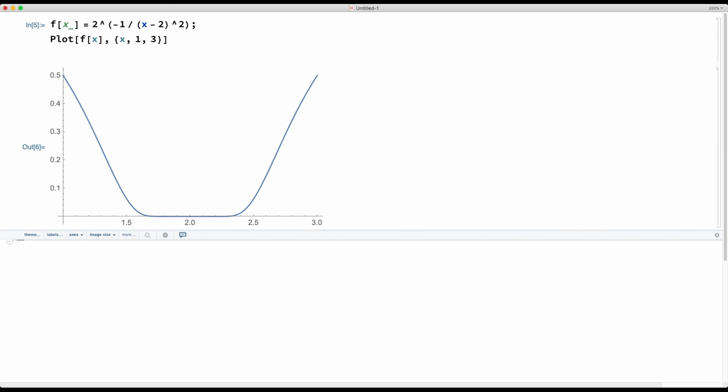Because what would happen if I did try to plug in 2? I'd get 2 to the undefined, and the reason is because x minus 2 gets squared, but 2 minus 2 is 0, and then I'm dividing by that, so that's verboten. We got a big problem, okay? So the function's not defined at 2.